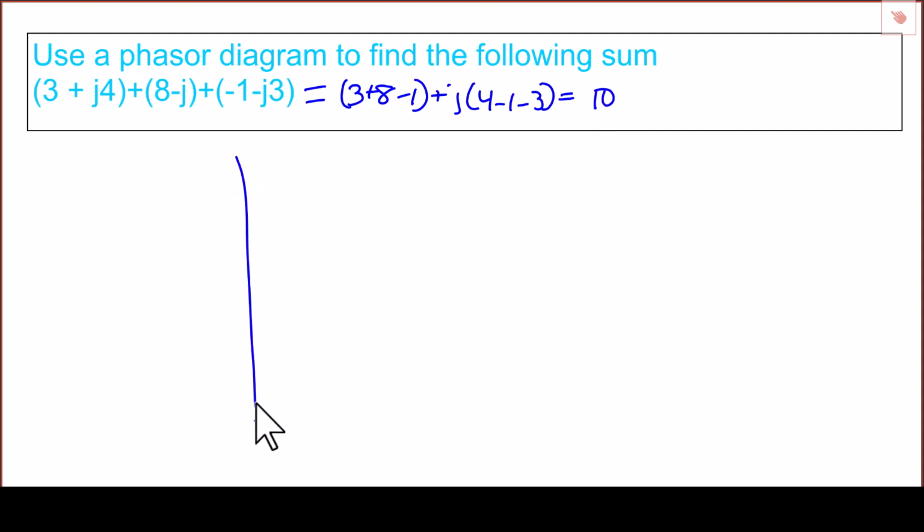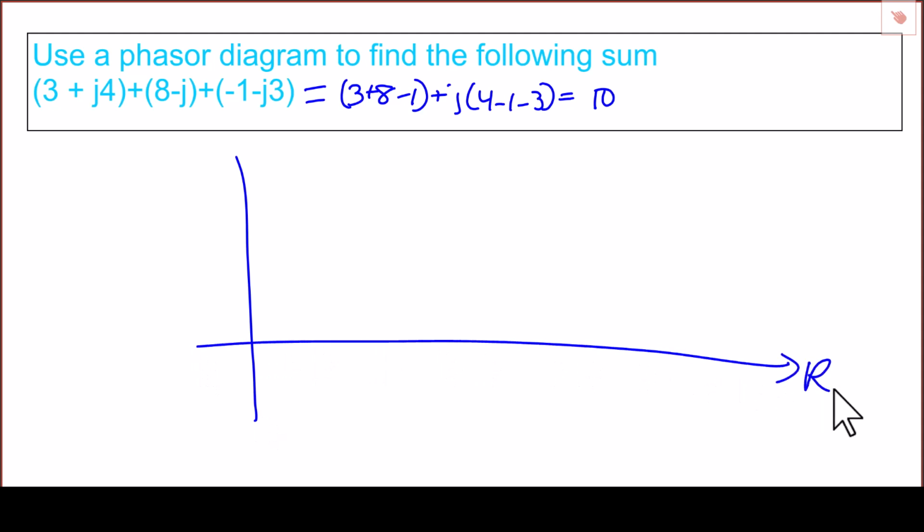So the first thing we're going to do is to draw a phasor diagram. Remember, the horizontal axis is the real axis and the vertical axis is the imaginary axis.